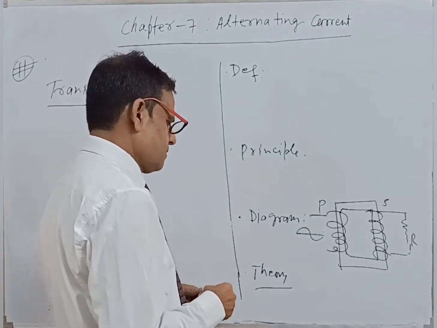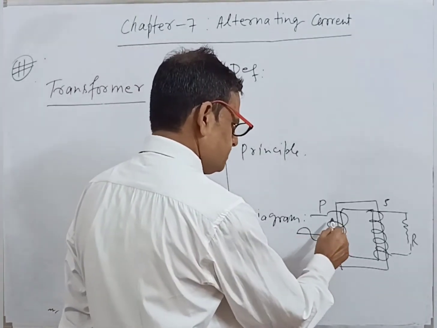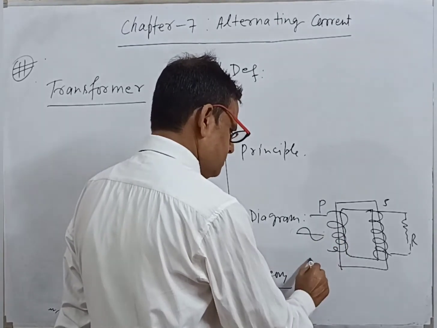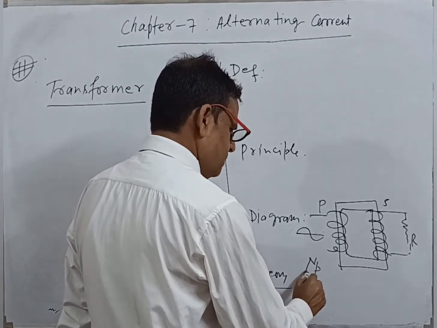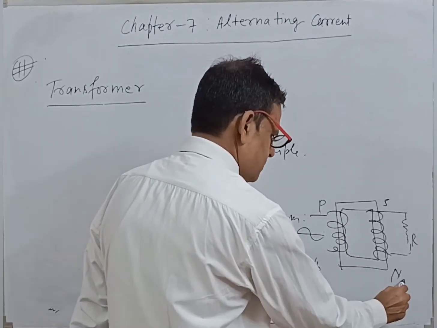Suppose the number of turns in the primary coil are NP, in secondary coil are NS.